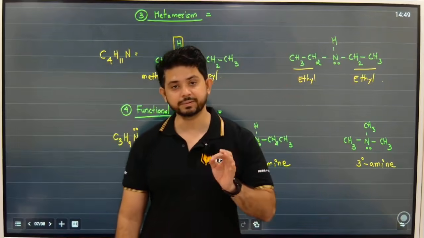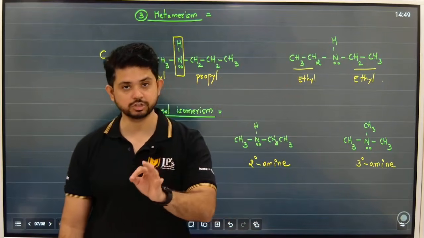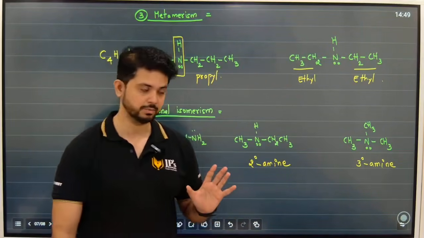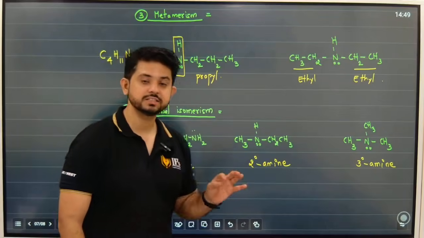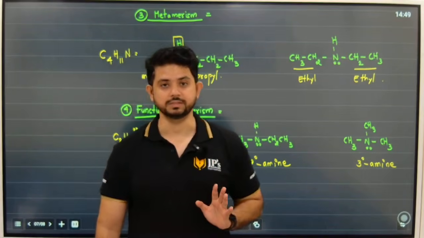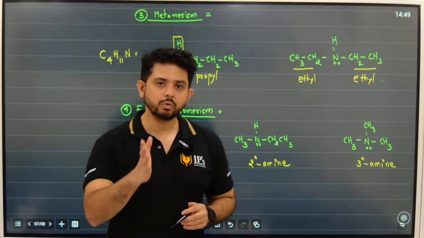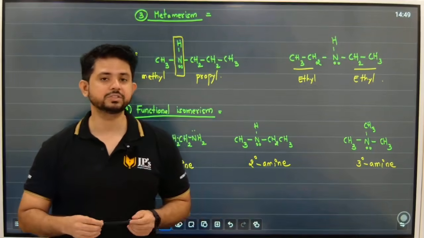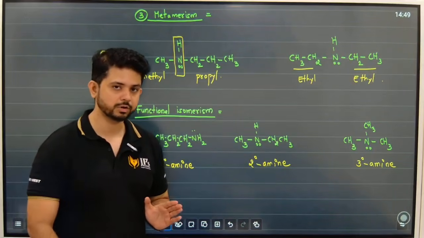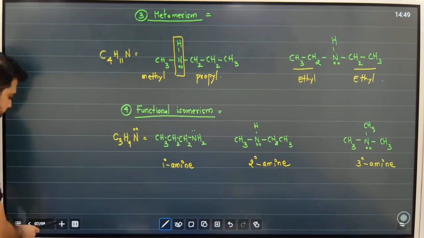So I can have primary, secondary and tertiary amines having the same molecular formula. These are called functional isomers. This is very important. Now let us go slightly more in depth, especially this is important for JEE Advanced.